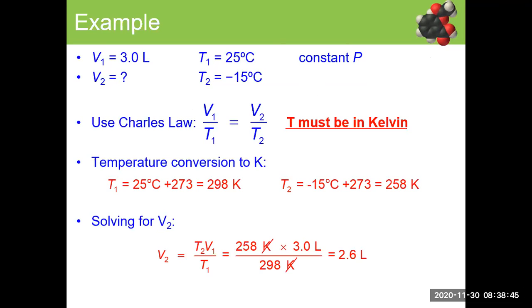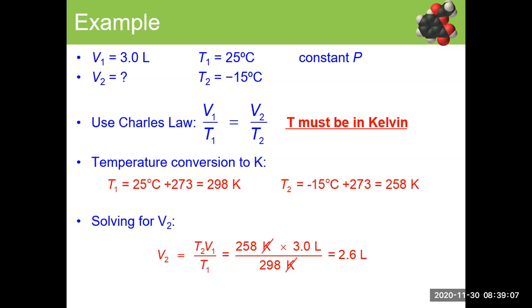We'd solve this by defining our initial volume and temperature. V1 is 3 liters, T1 is 25 degrees C. V2 is the volume we're trying to find, so that's the unknown. And T2 is minus 15 degrees C.